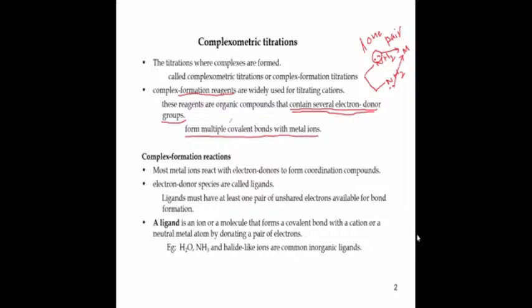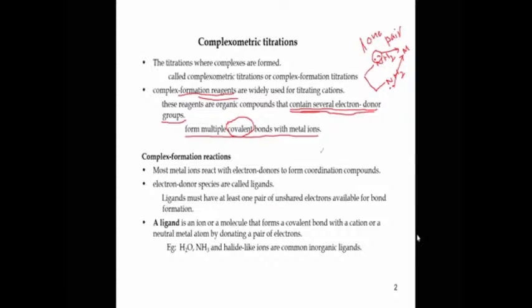So I have mentioned here the bonds are covalent bonds. That means two electrons are shared. But the important thing is both the electrons come from the reagent, the complex formation reagent, right?